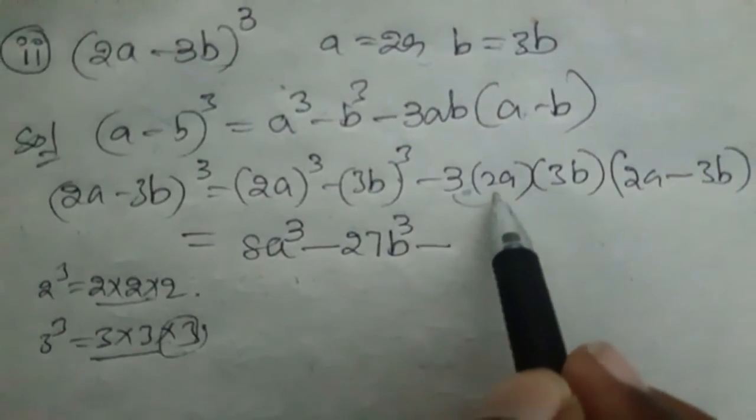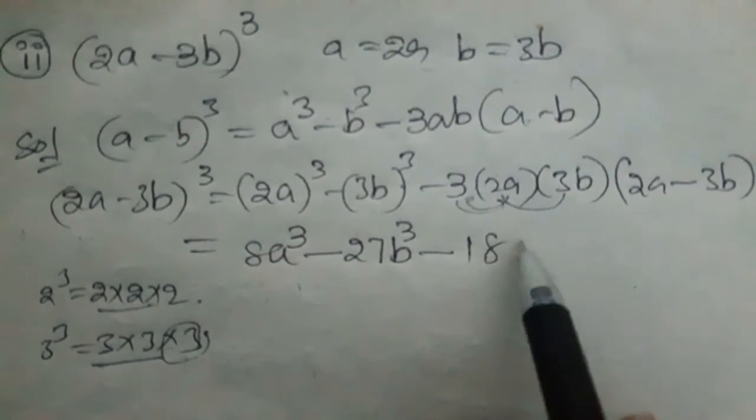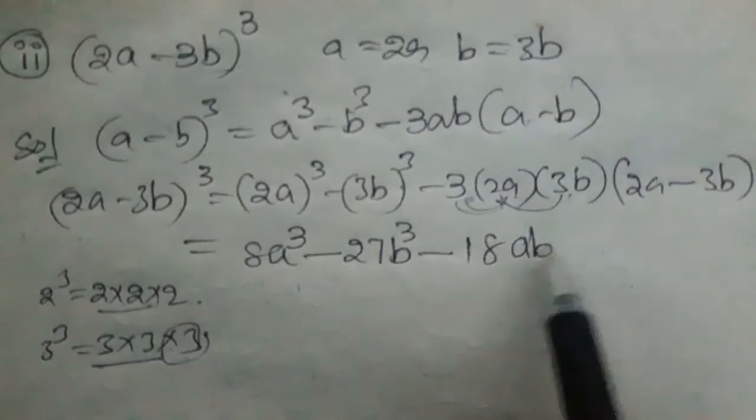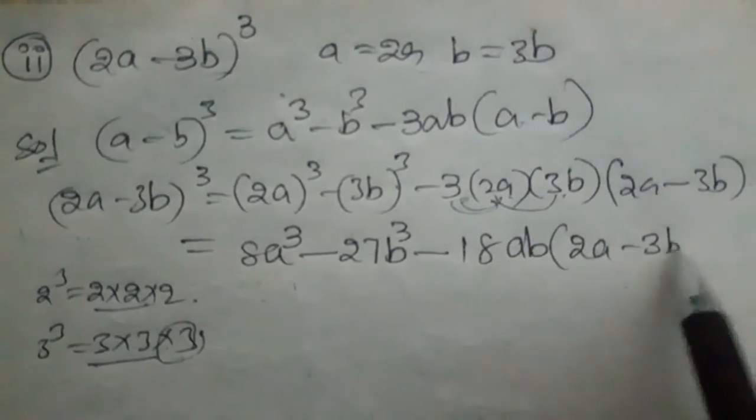Minus 3 2s are 6, 6 3s are 18, ab into (2a minus 3b).